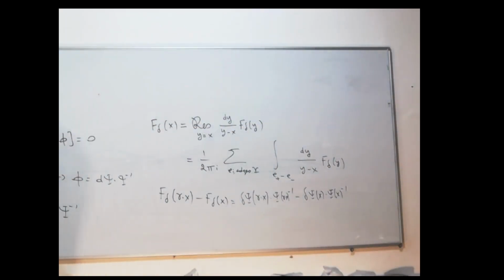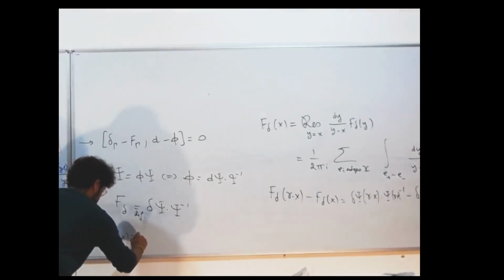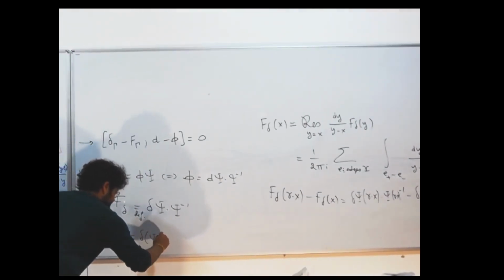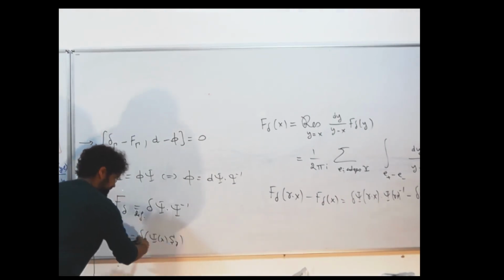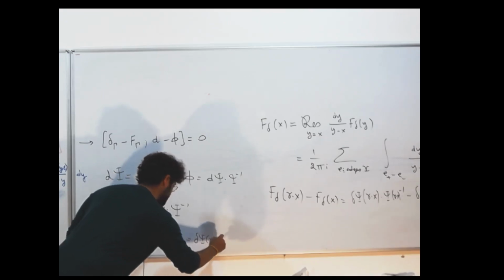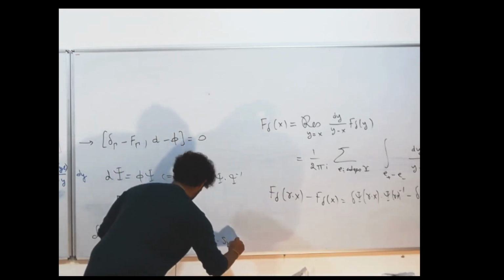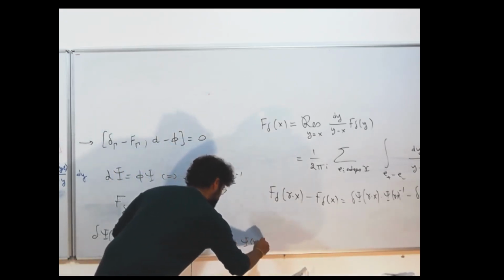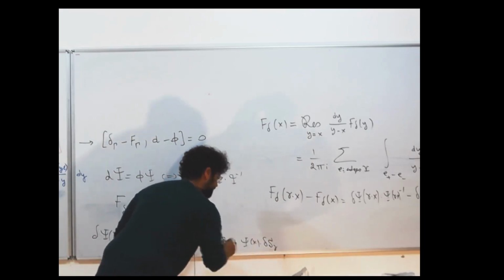So if you do delta of psi gamma dot x, this is now delta of psi x is gamma. So this gives you two terms, delta psi of x times s gamma plus psi of x dot delta of s gamma.